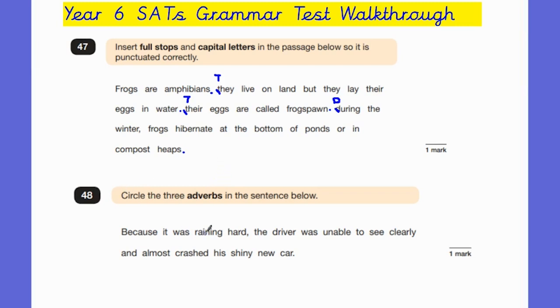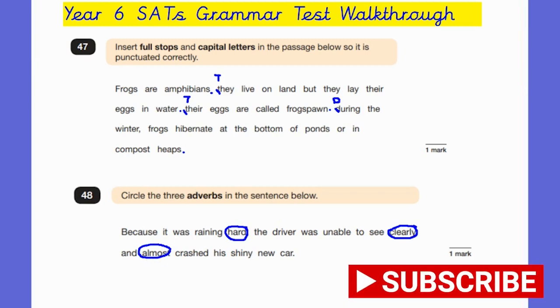So it was raining, and I know that it was raining hard, so hard is going to be my adverb there. The driver was unable to see. He was unable to see clearly. Clearly describes how he was able to see, so I will circle clearly, and I'm going to circle almost because that describes how he nearly crashed. He almost crashed.